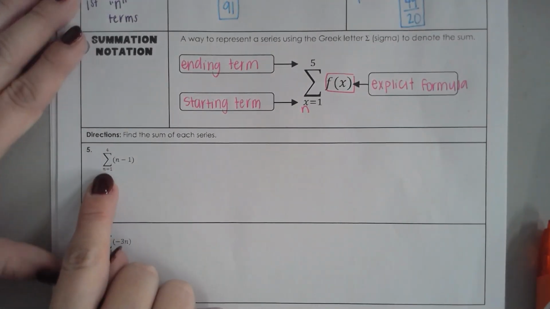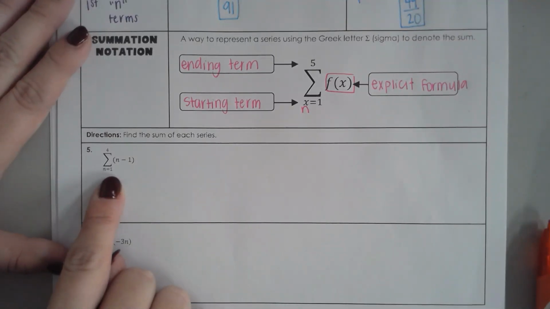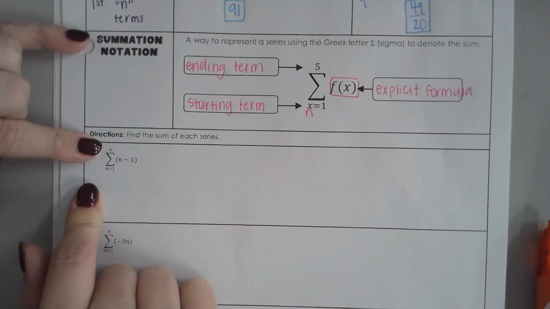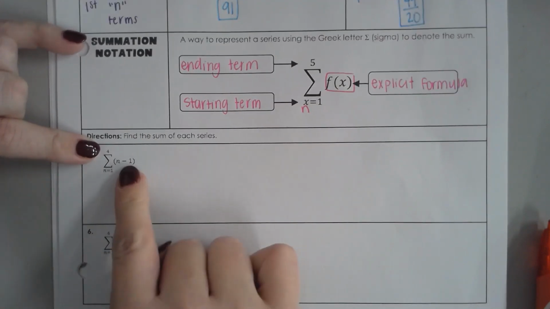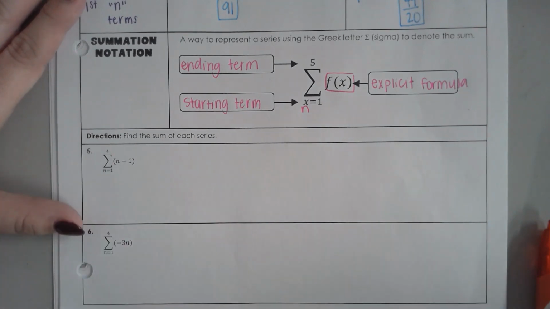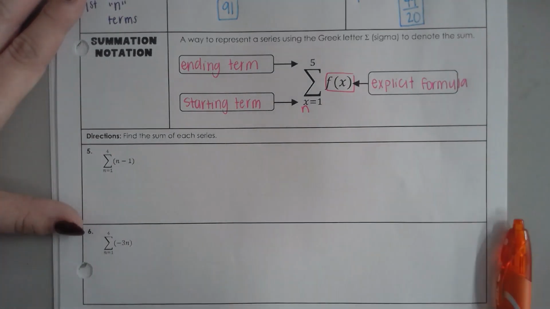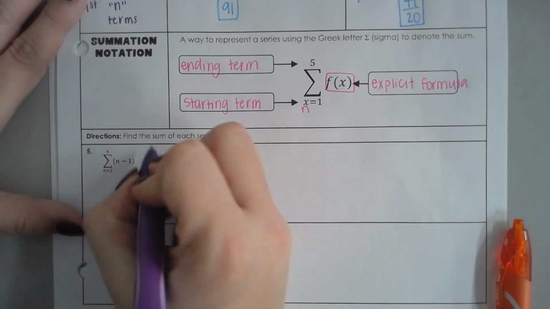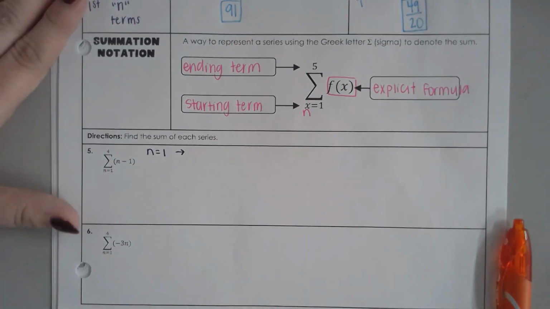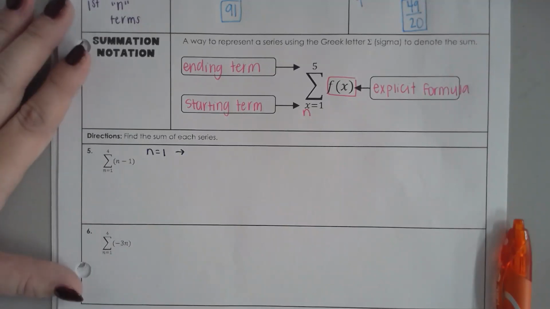So here in number 5, I know that I'm starting with term 1, and I'm adding up through term 4. And then my formula is n minus 1. So we're going to plug in a 1 for n, a 2, a 3, and a 4.